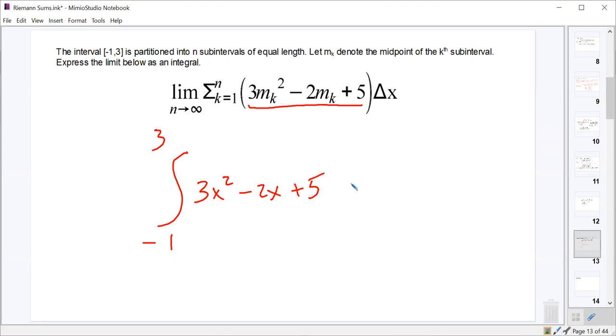And our delta x just becomes a dx. It's the small change in x for each subinterval, the width of each subinterval. So this is the height of each subinterval, this is the width of each subinterval. We're multiplying them together. The summation tells us that we're summing together all of those little tiny areas from -1 all the way to 3. Good or no? Easy enough.